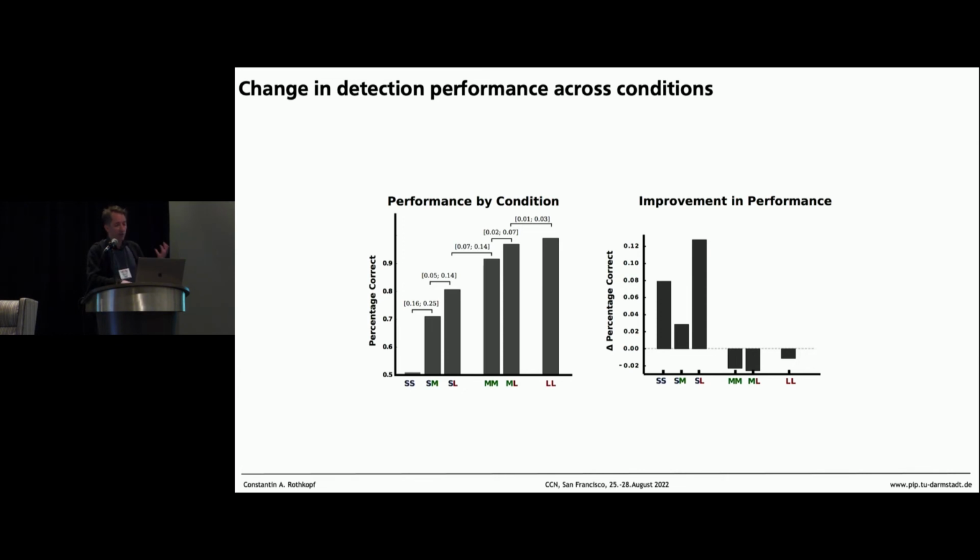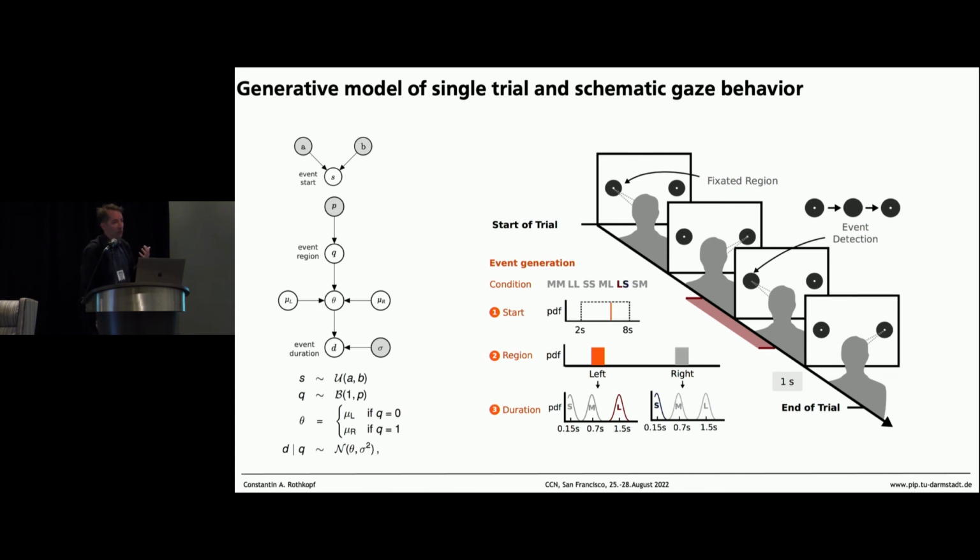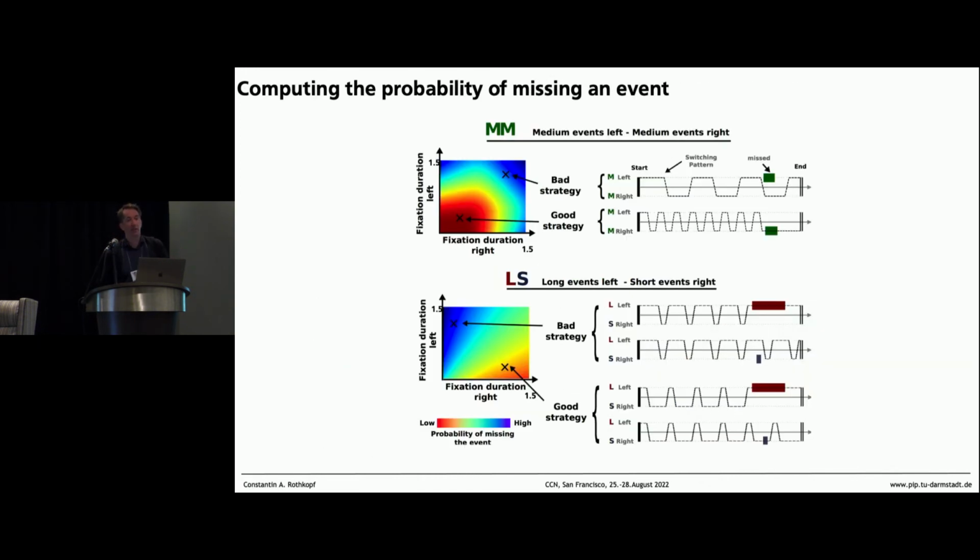The good thing is, with these normative models, because we know the exact probabilistic structure of our task, we can find a normative model that fully captures the probabilities involved. And we can straightforwardly compute an ideal observer that tells us, okay, what's the probability of missing an event if I have a certain way of switching? So I switch with a certain rate, I stay a certain duration on left, a certain duration on right. Compute for me what's the probability of missing an event.